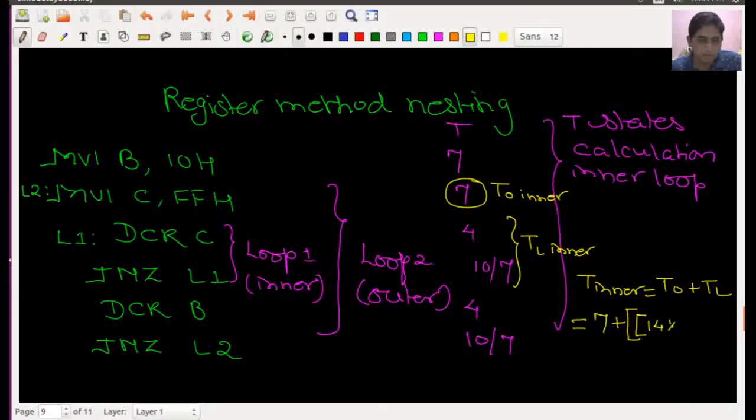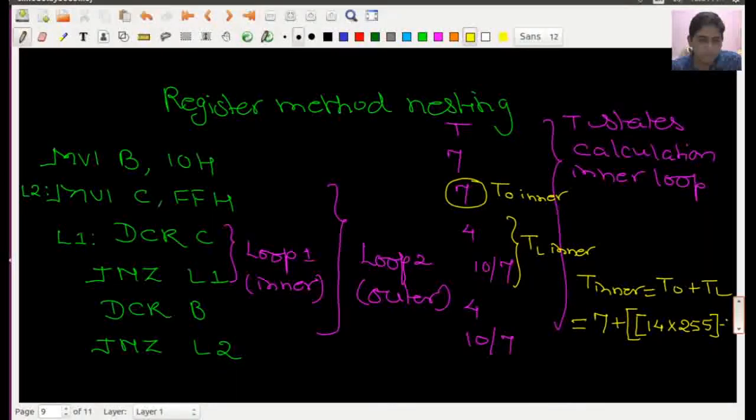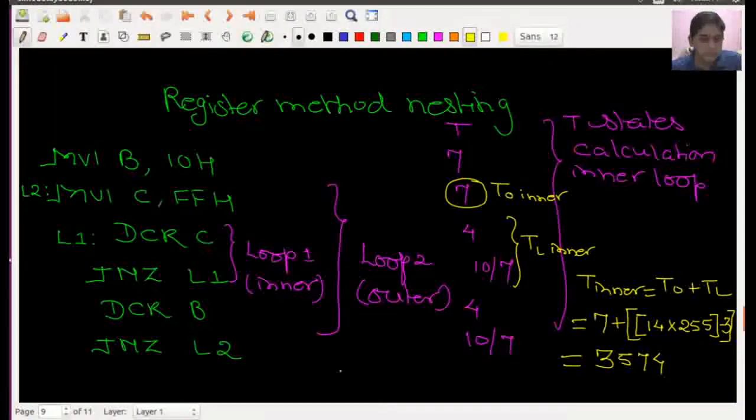The count value is FF, converted into this, and then it will run till minus 3. So from here, if you calculate this, the total amount of T states will come to 3574. So this is the T states consumed by the inner loop.